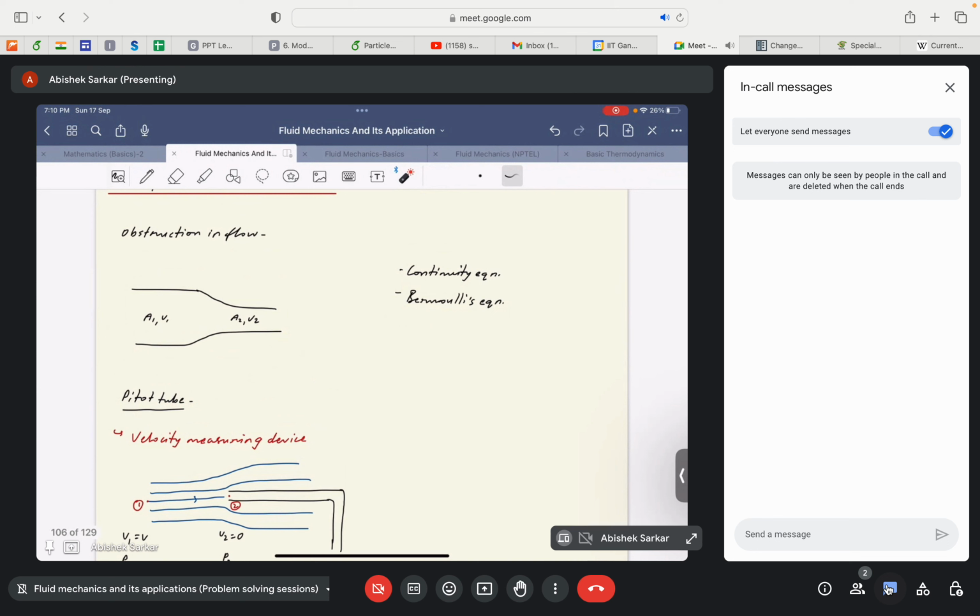This variation in velocity and pressure is itself used as a measuring unit to define or describe other flow parameters such as mass flow rate, volume flow rate, and pressure difference.